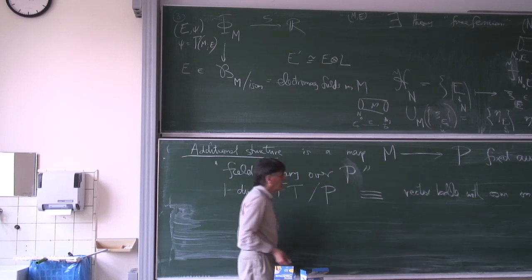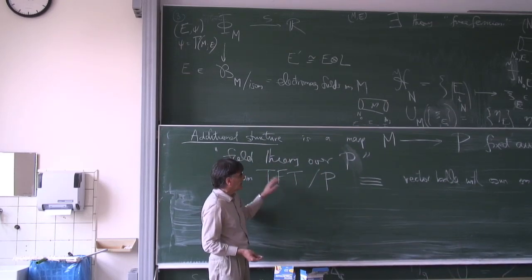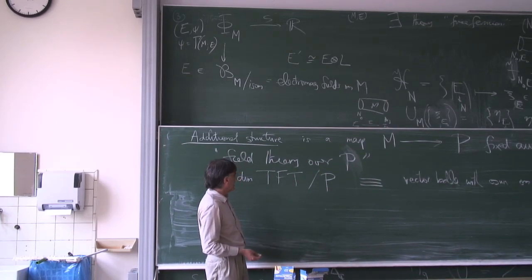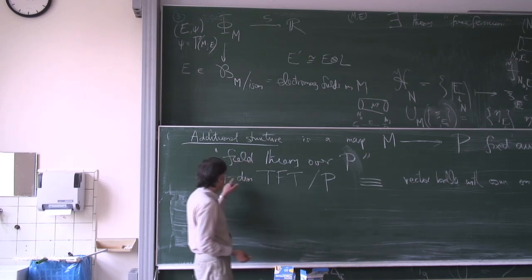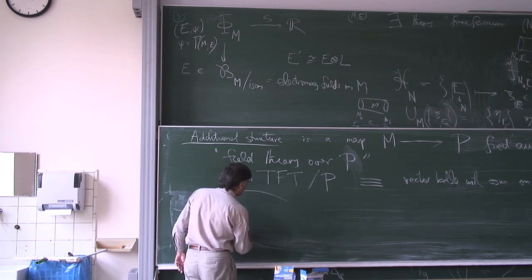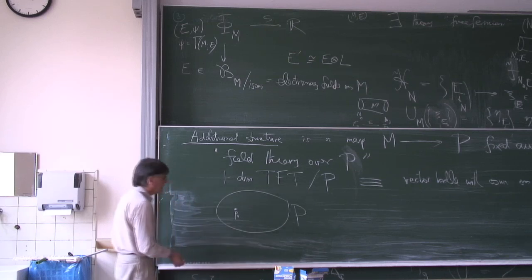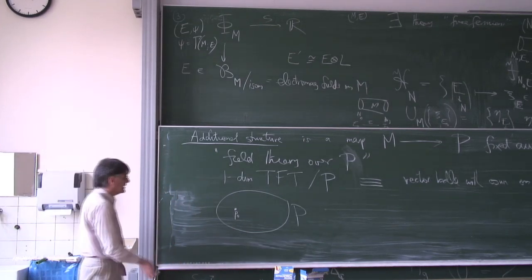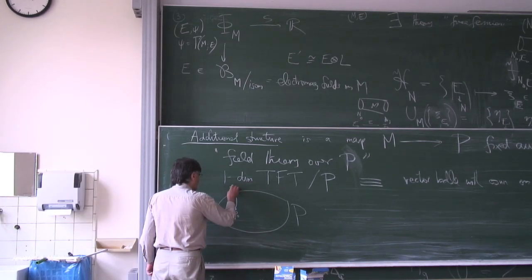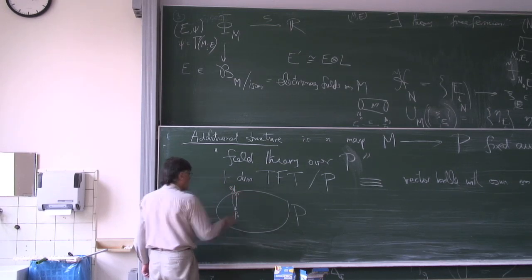Why is that? Well, what are the objects of the cobordism category? Zero-manifolds equipped with a map to P. So here is P. When we have some point p naught in it, we have to associate a vector space H of p naught.